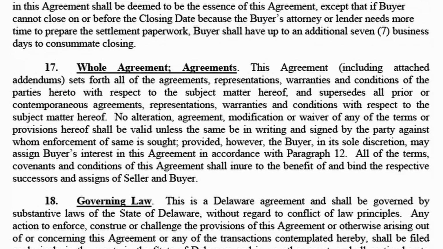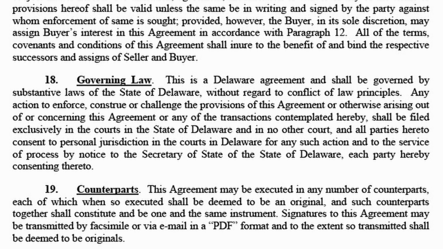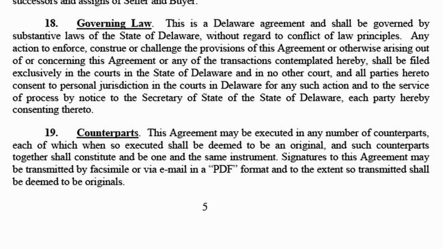Section 18 says the Delaware law is going to govern the agreement. Section 19, the Counterparts provision, says that each party can sign a separate sheet of paper. It doesn't have to be the exact same sheet of paper. Now, I would recommend that once everybody signs the agreement that you do assemble a fully executed copy.